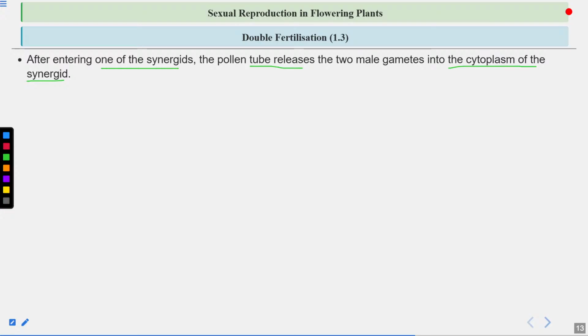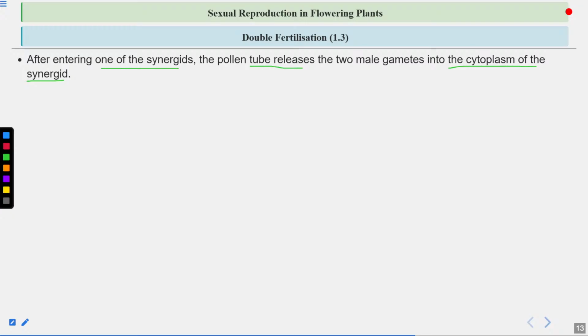The integuments which cover the embryo sac do not join each other at one point and there is a pore-like structure. That pore-like structure is called the micropylar pore, and that end is called the micropylar end, where this embryo sac is present, where the egg apparatus is present.